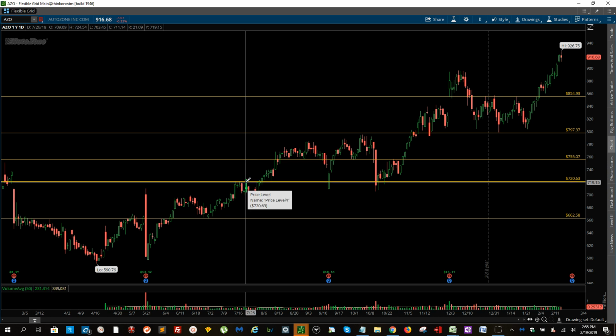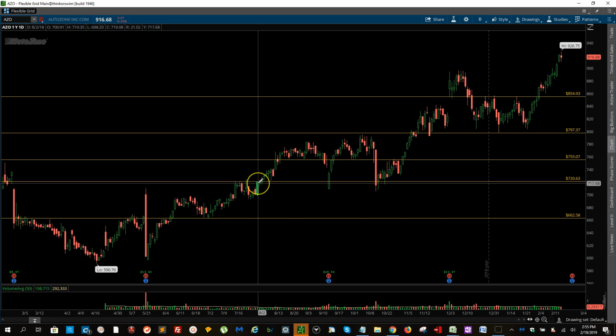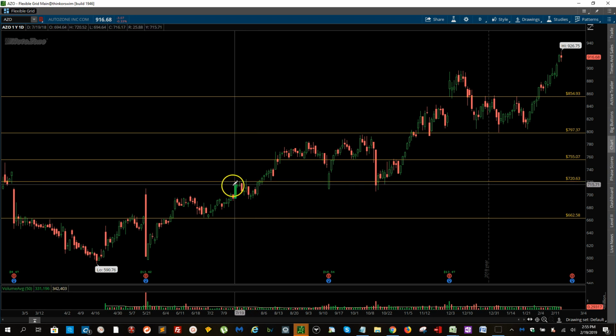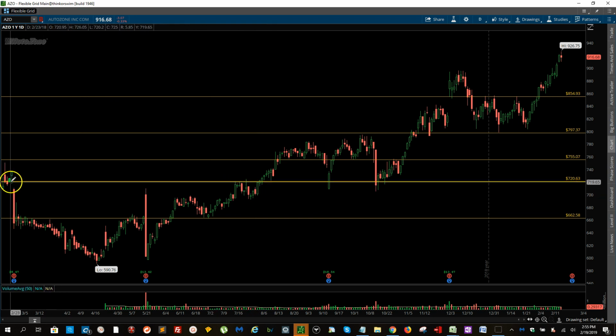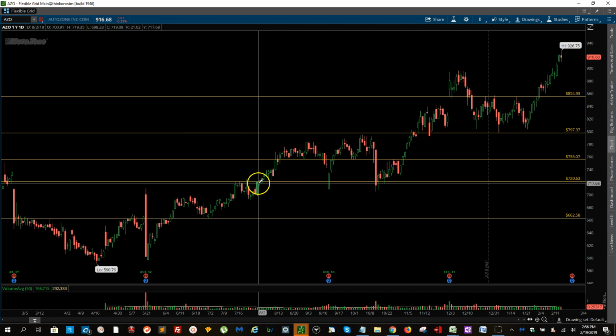Touched that area again, came back down, and then it came through for a third time. So now you have one touch, two touch, three touch, plus you have back here the beginning of a gap area. By the time it got to this point where it was looking to break through, you had multiple touches. So it's a very interesting level to see.